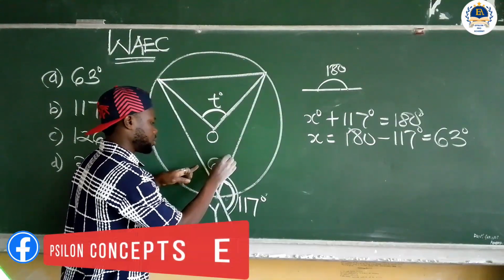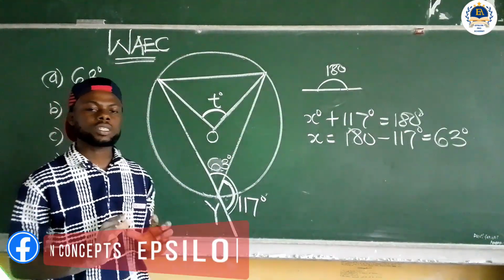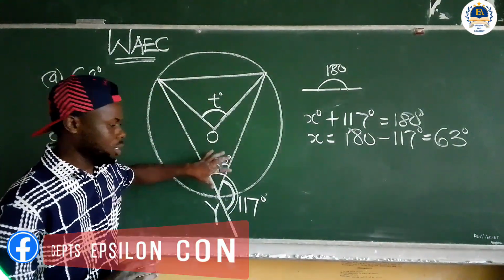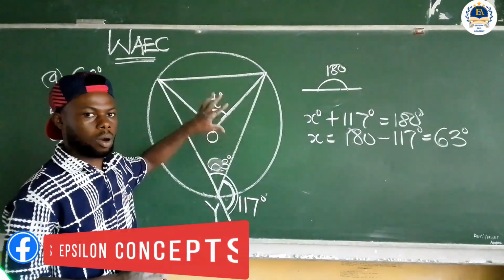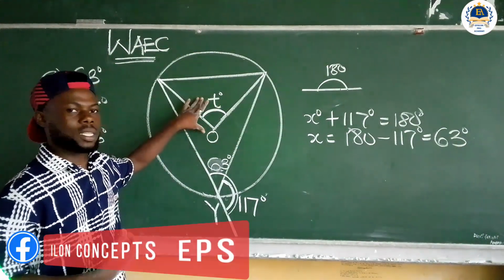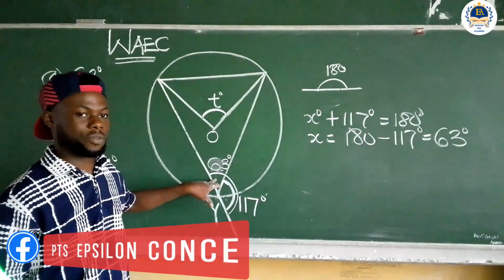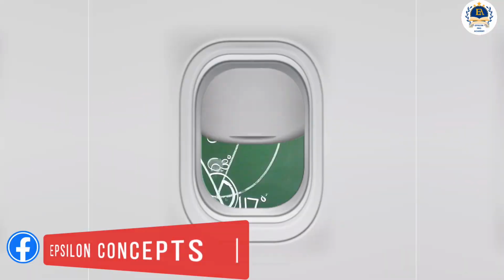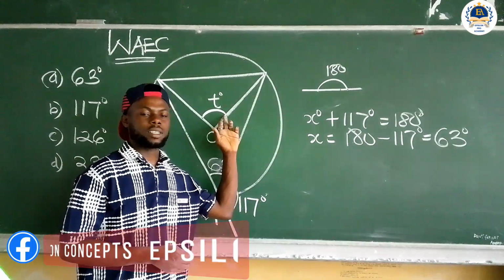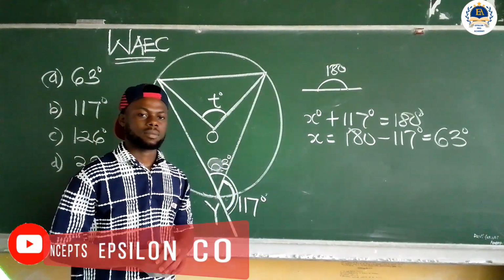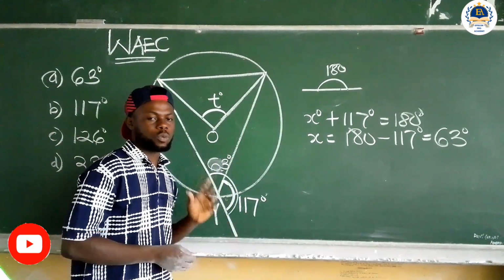But considering this diagram on the board, this WAEC based or NECO based, we can simply say that the angle at the center is always bigger than the one at the circumference, two times of it. For instance, if the angle at the center is 100, then the circumference should be 50.